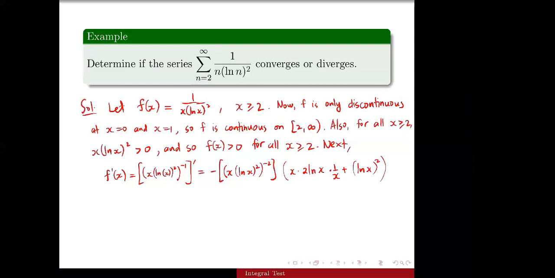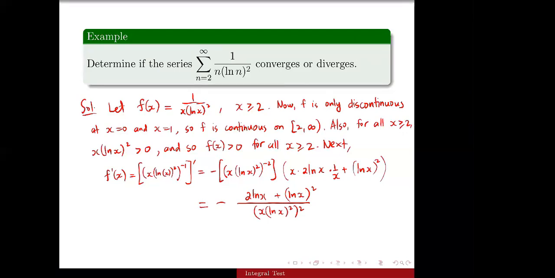And let's just rewrite this. It's just negative 2 ln of x plus ln of x quantity squared, all over x ln of x squared, everything squared. And ln of x is greater than 0 for x greater than or equal to 2.